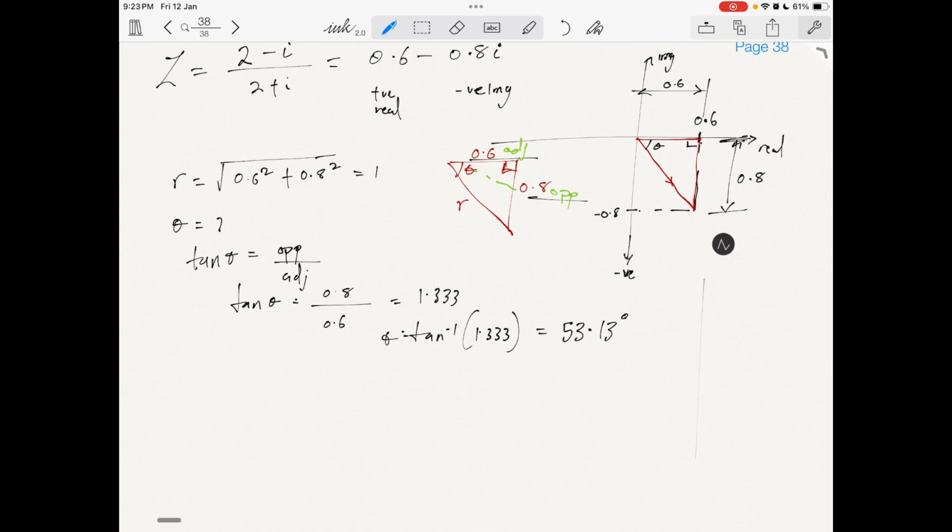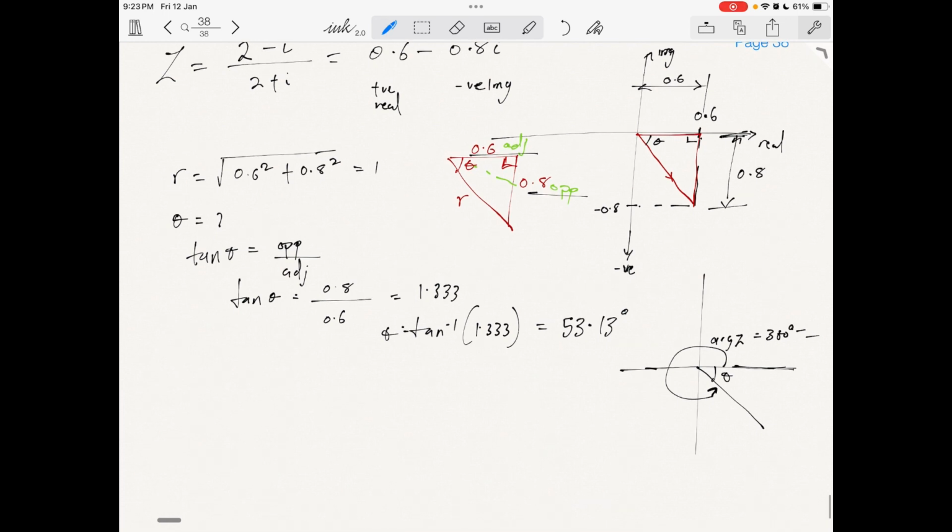Recall we are in the fourth quadrant, and the argument of z starts counting from the positive real or positive x-axis. So our argument of z is 360 degrees minus theta because we are in the fourth quadrant.